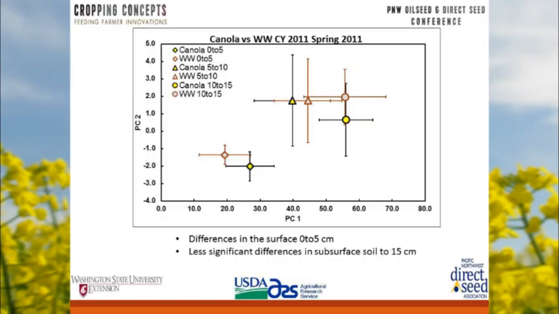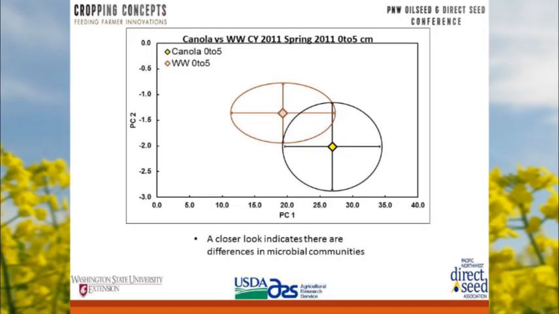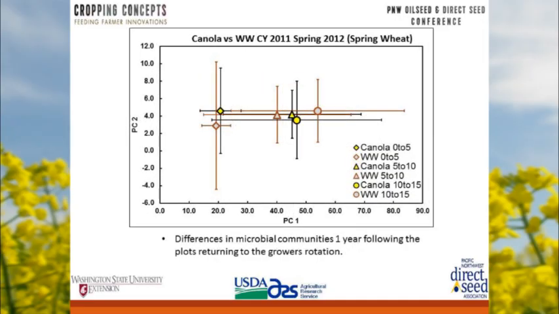And just focusing in on those 2, the circles represent the area that would be occupied by the microbial communities statistically with lipid analysis. And so there is some overlap, there's some commonality between the 2, but the majority of the lipids are different. And so once again showing that there are differences in microbial communities.